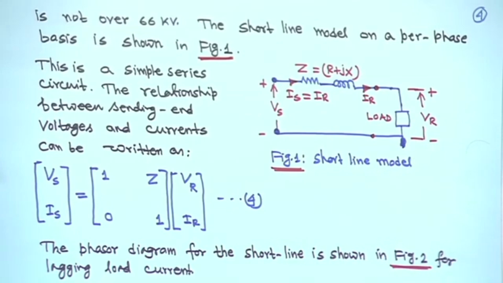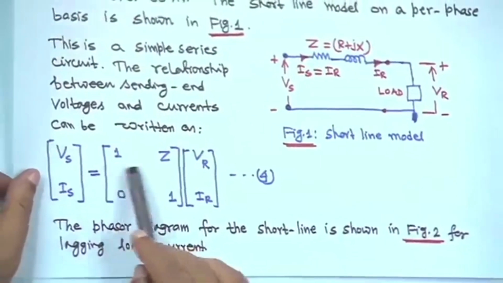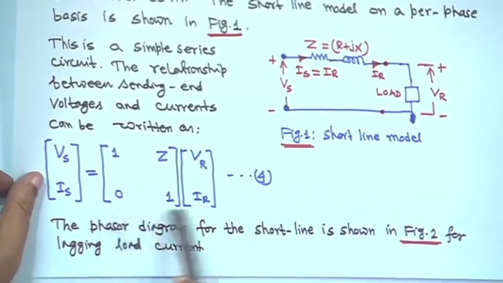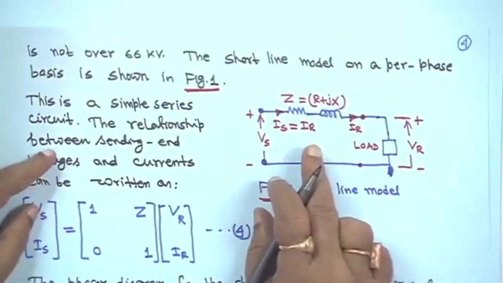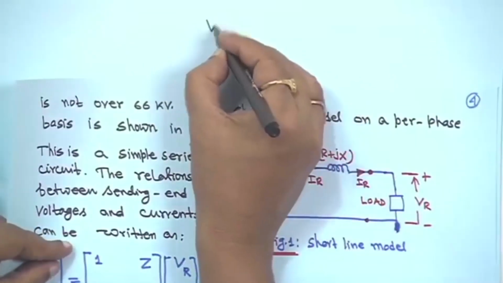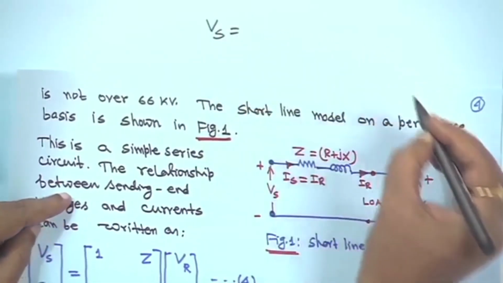Now, if you write down this equation, if you apply KVL here, you will get Vs is equal to Vr plus Z Ir, and Is is equal to Ir.